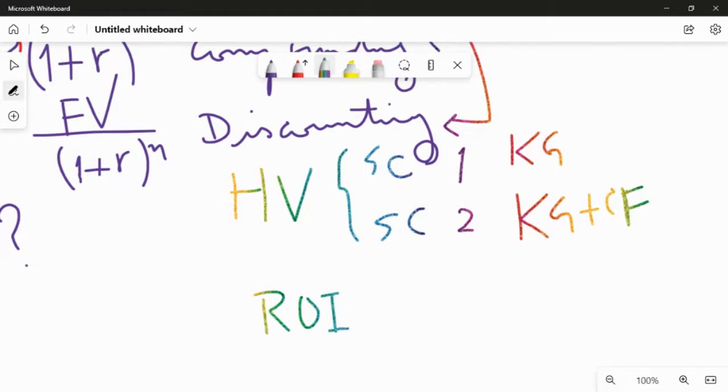Return is what finance is all about. We started with holding period return, but then we had to come to an annualized return, because the holding period can be different from one investor to another, so it's not directly comparable.